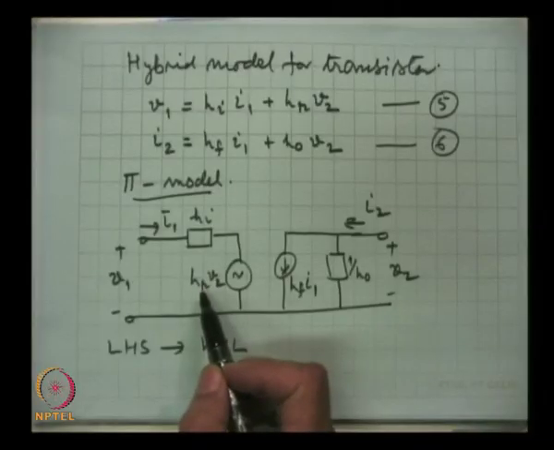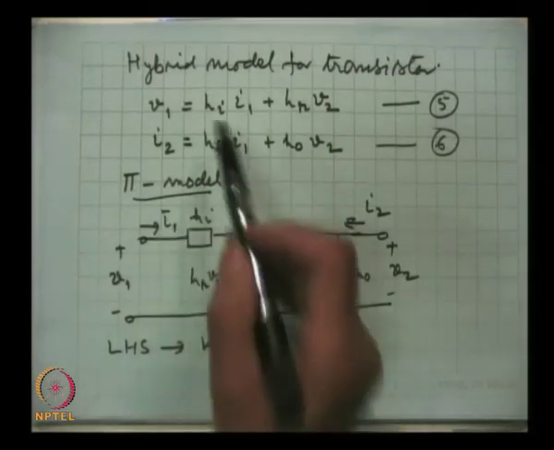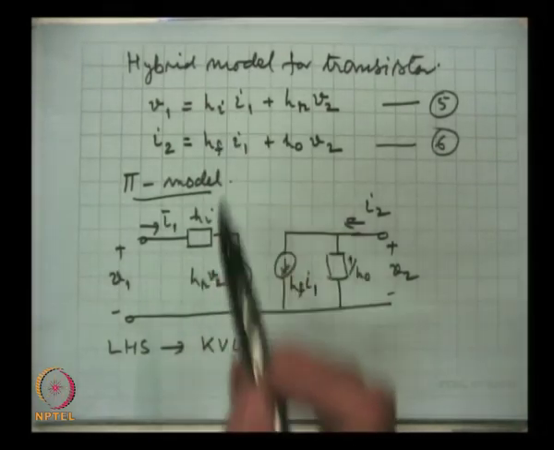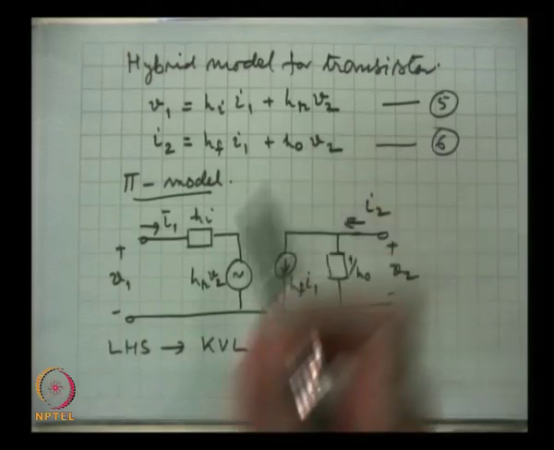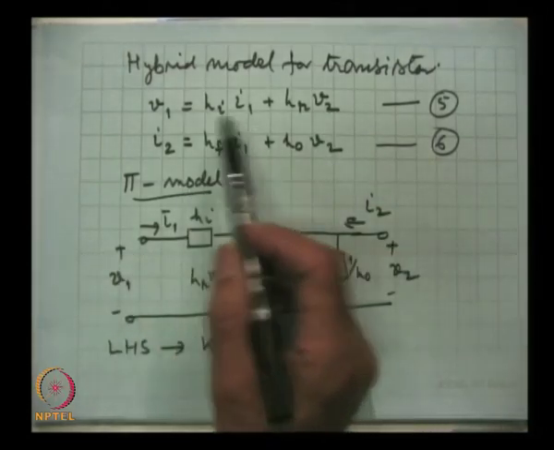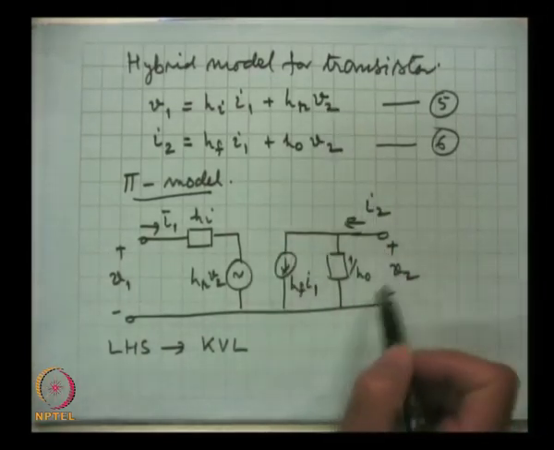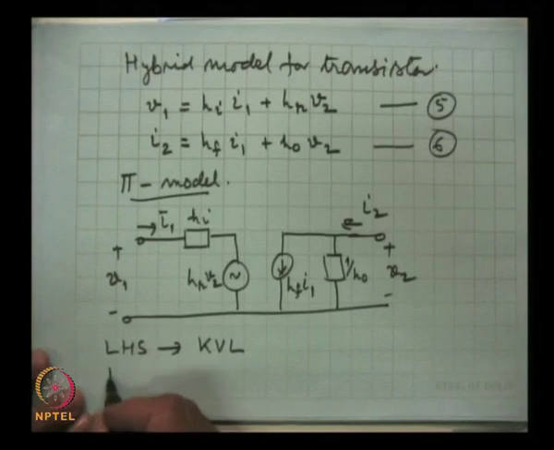What you are doing at the output side also is reflected at the input side. So, this is that reflection, a feedback term. Anyway, this is the first term in equation 5 and this is the second term.